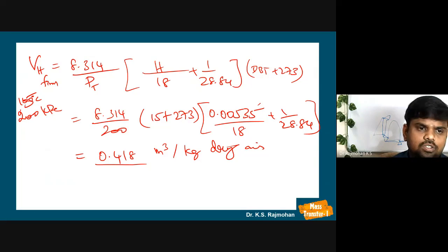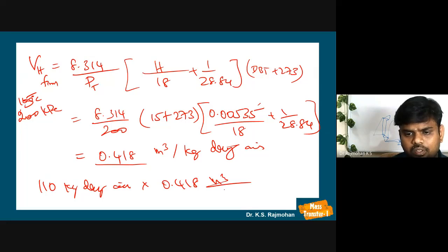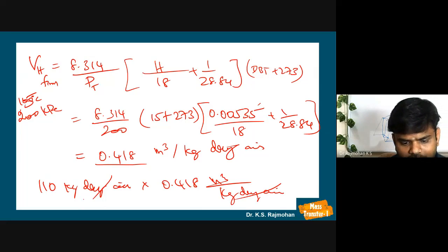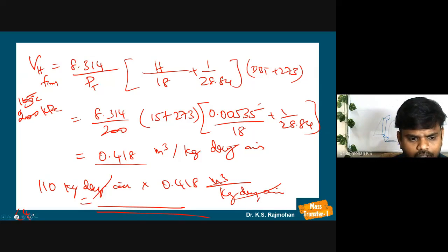So this is the volume per kg of dry air, but the actual amount of dry air is 110 kg, right? So if you multiply 110 kg of dry air into 0.418 meter cube mixture per kg dry air, you will get around 43 to 48.